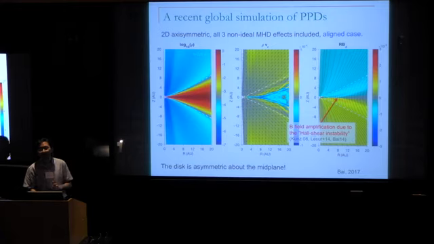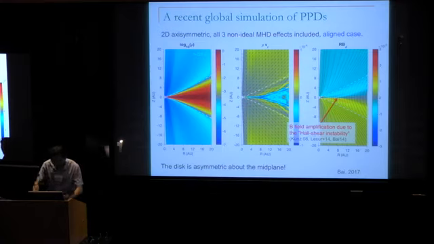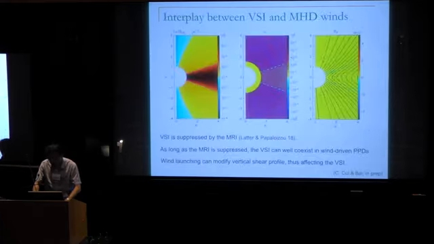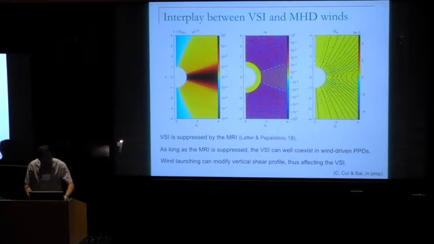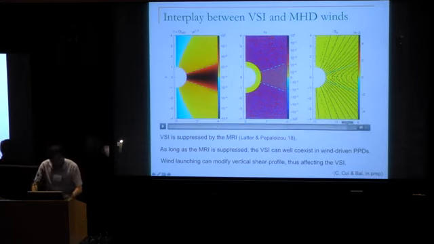Why is the flow that is created by the Hall shear instability not affecting the density perturbations when you have the VSI? When you show this slide, the wind does not affect in principle the VSI. But then when you have the Hall shear instability, you are producing these asymmetric flows at the midplane. Why is that not affecting the density perturbations?